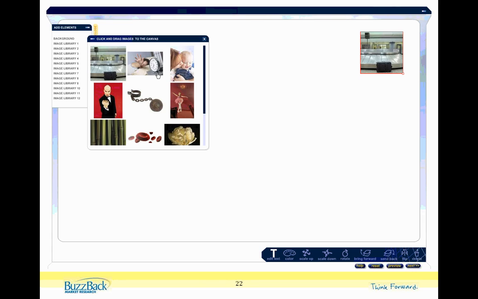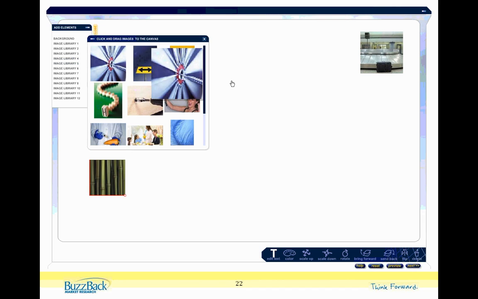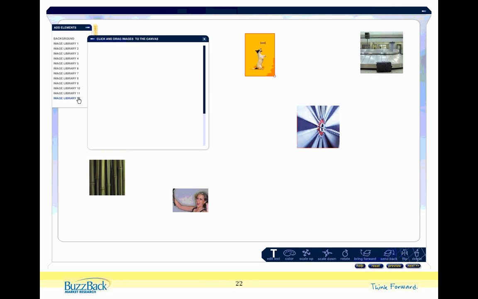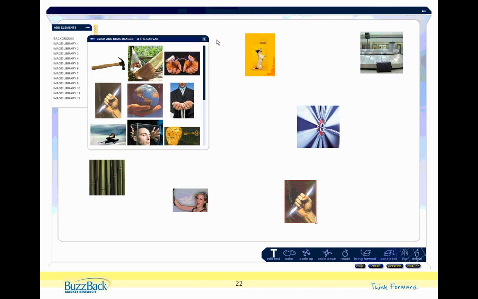So the question we asked was: what imagery comes to mind with this name for a sleep aid? That was all the prompt we gave people. We didn't want to cloud their response with a lot of details from a concept. We really wanted to focus on the name itself. Consumers can put whichever images they want on a canvas, selecting from the libraries.